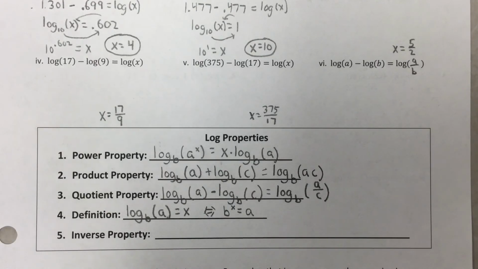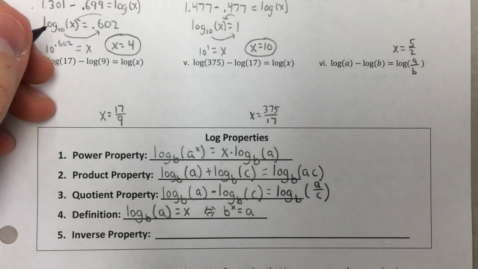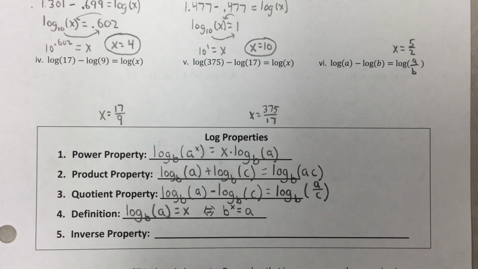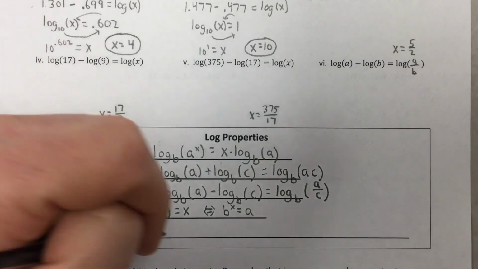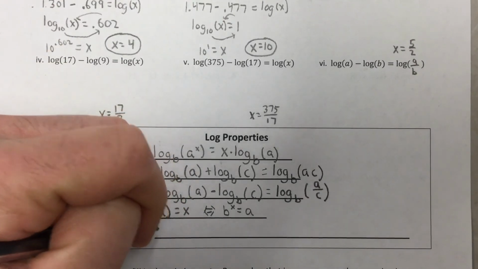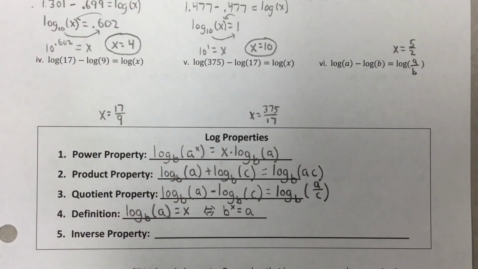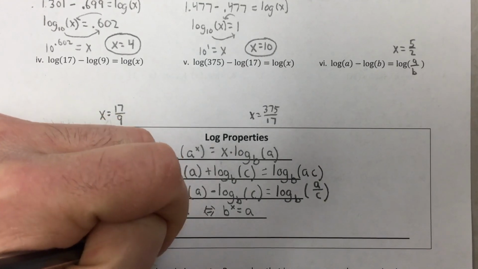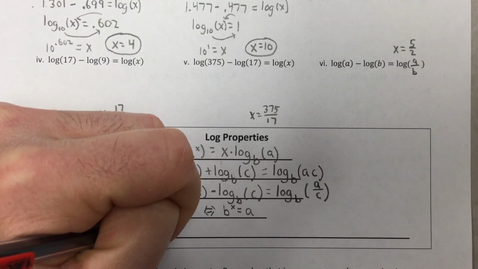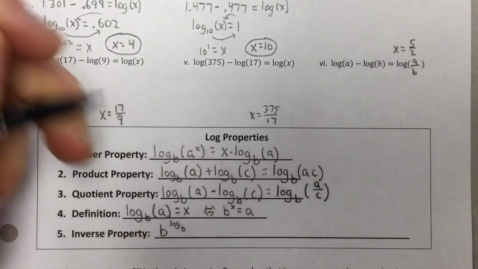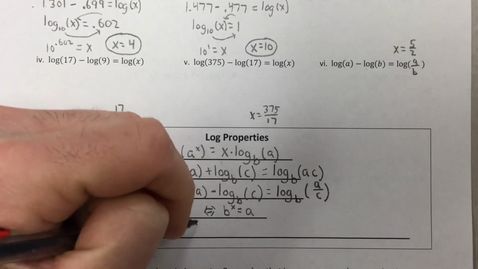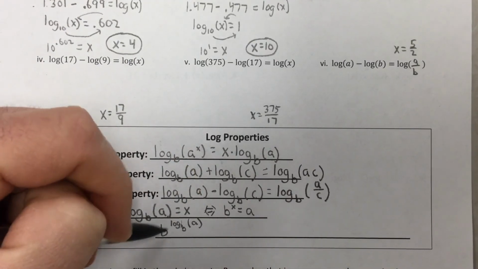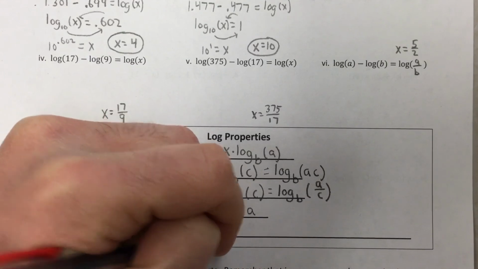And then our inverse, this was a property we kind of saw in our study guide. If I have a log and an exponent of the same base, they cancel each other out. So if I had, let's say, base of b, and in the exponent, I had log of that same base of a, the base and the log cancel out, and it's left with just a.